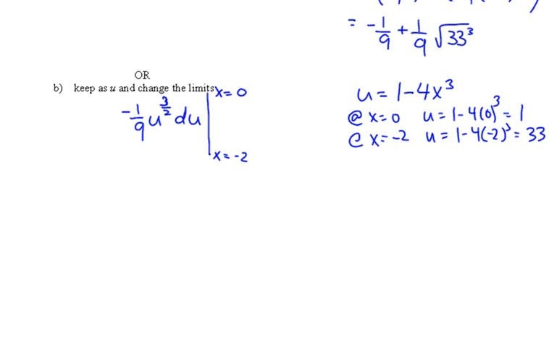So instead, we can evaluate this from u equals 33 to u equals 1. There's no du here anymore, sorry. Ugh. This day is going not very well. It's okay.